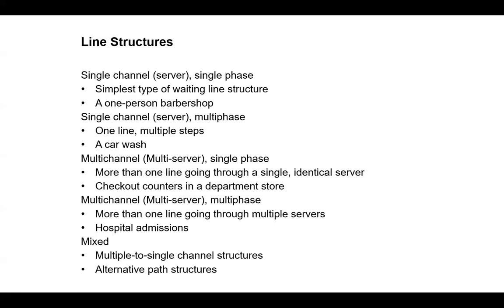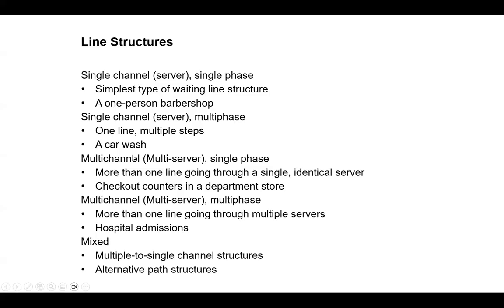Or we have single channel, multi-phase, where you only have one stop but different processes. For a car wash, they give you water, then some materials to help you clean, and then water again. These are different steps. So this one line with multiple steps is what we call single channel multi-phase.